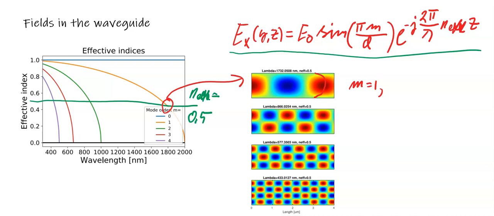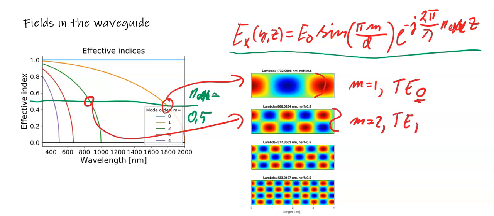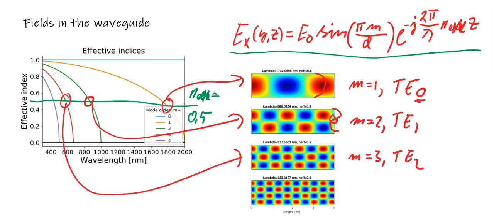This is often called as a TE0, where the subscript means that there is no zeros at the field profile. M is 2 mode, has 2 maxima. It is named as TE1 since there is 1 zero in the middle of the waveguide. Similarly, M is 3 mode, and finally M is 4 mode.